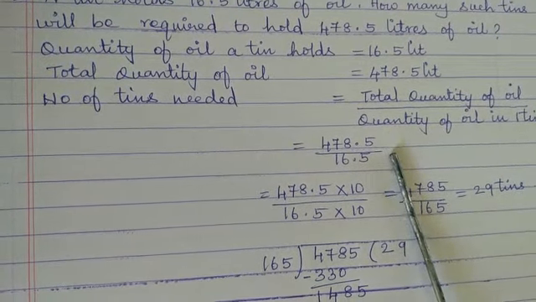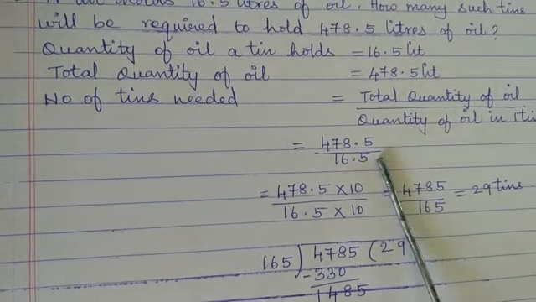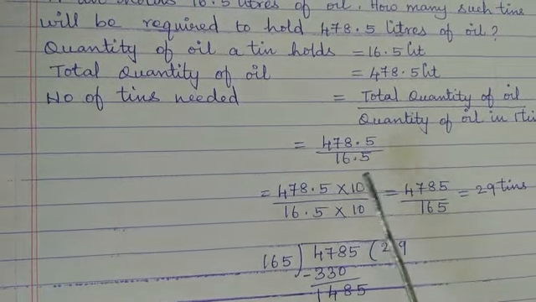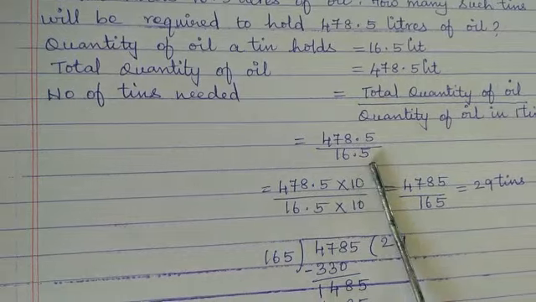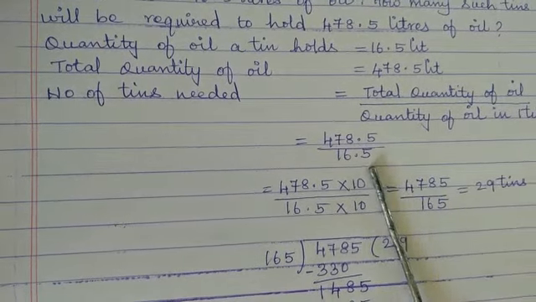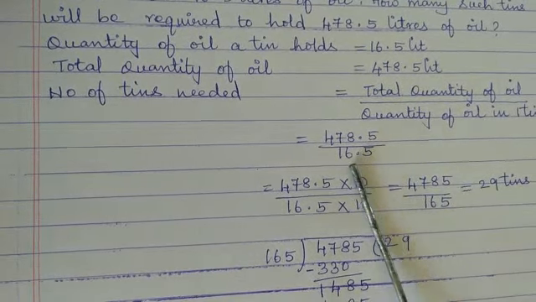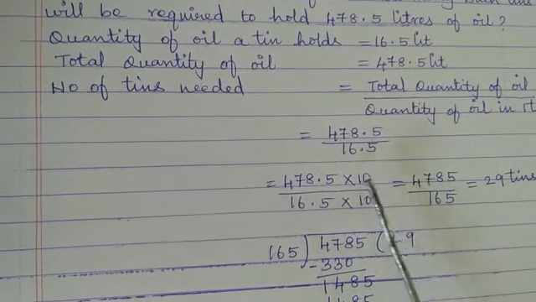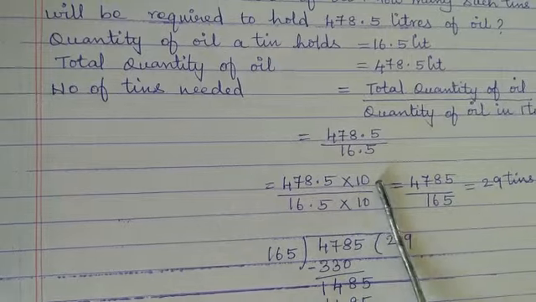Here the division is a decimal number by a decimal number. So first we have to see the divisor. It is a decimal. We have to convert it into a whole number. After that we have to see the number of decimal places in the divisor. Here it is only one digit. So we have to multiply both numerator and denominator by 10.